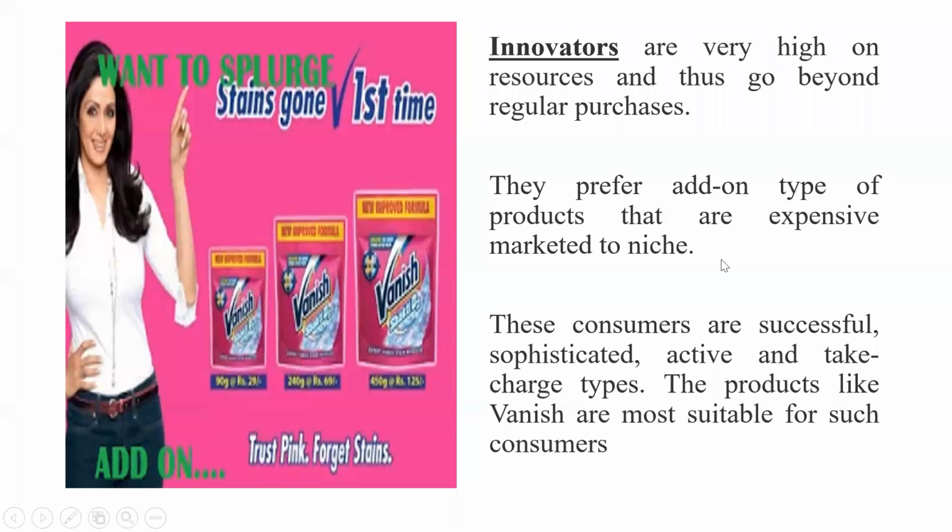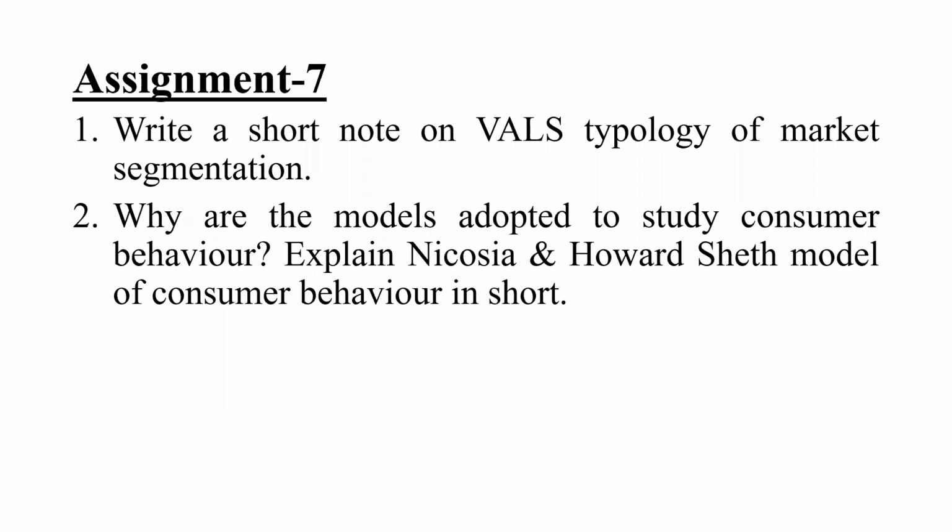So these consumers are very active and very enthusiastic, and they are very eager to adopt new product categories. This is how we studied the VALS framework and how marketers use the various innovators and innovations, including the keywords used for a particular target segment, and how they make decisions.